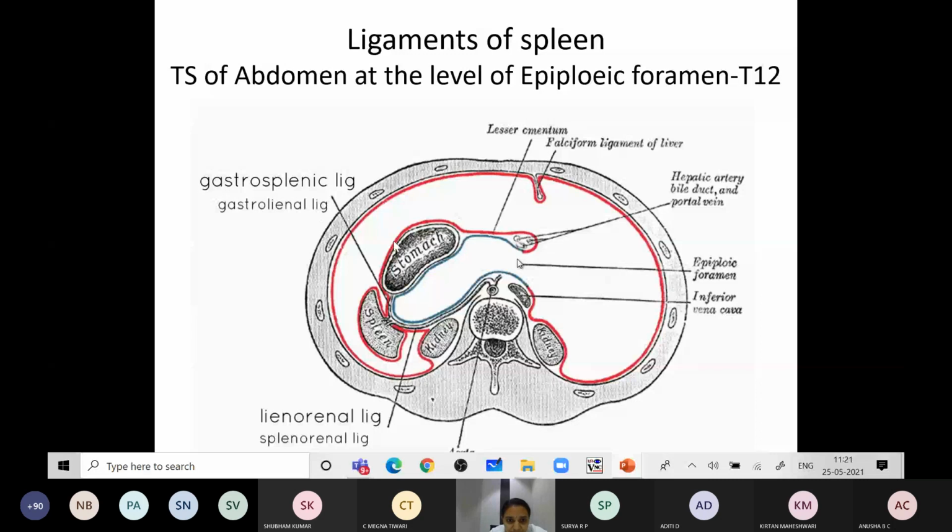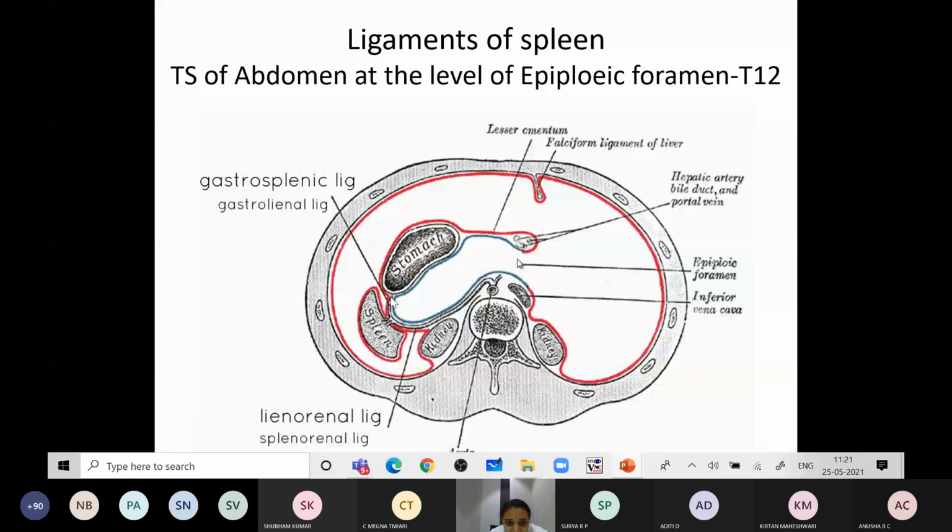The anterior layer covers the anterior surface of the stomach and forms the anterior layer of the gastrosplenic ligament. This layer covers the whole of the spleen and is reflected back on the anterior surface of the left kidney as the posterior layer of the lienorenal ligament. You note this.